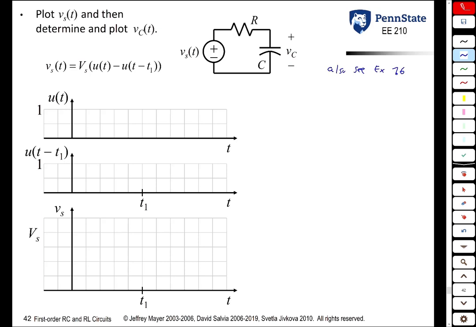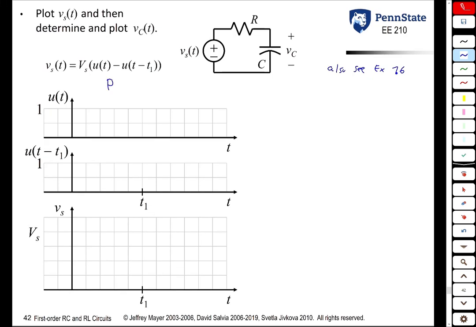So this is a very simple circuit. It's a capacitor, a single resistor, and a voltage source Vs. Vs, in this case, is what we call a pulse. So Vs of t is some constant Vs times u of t minus t1. Let's see what this shape looks like.